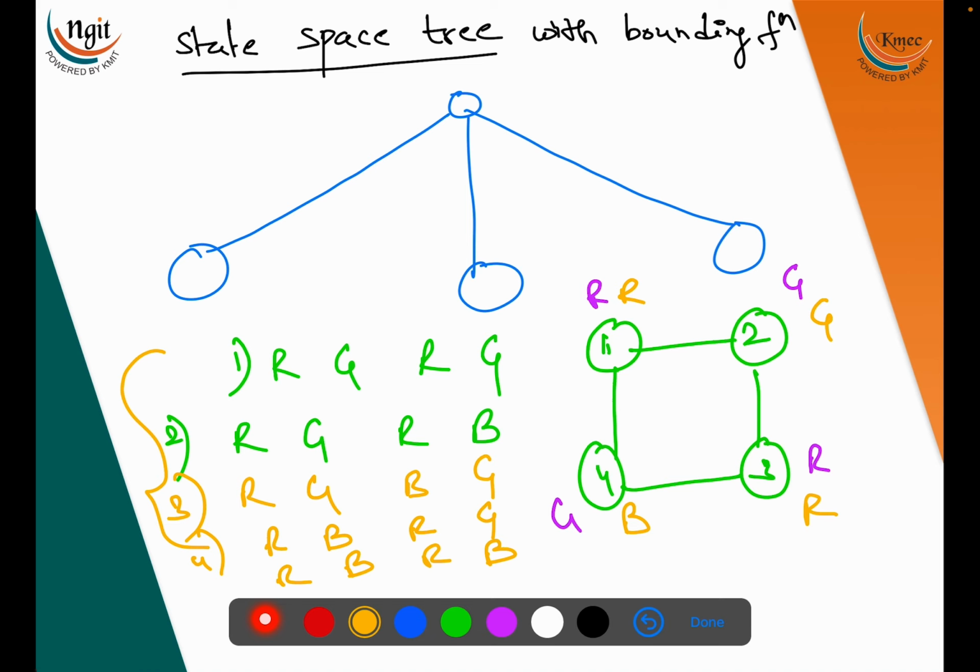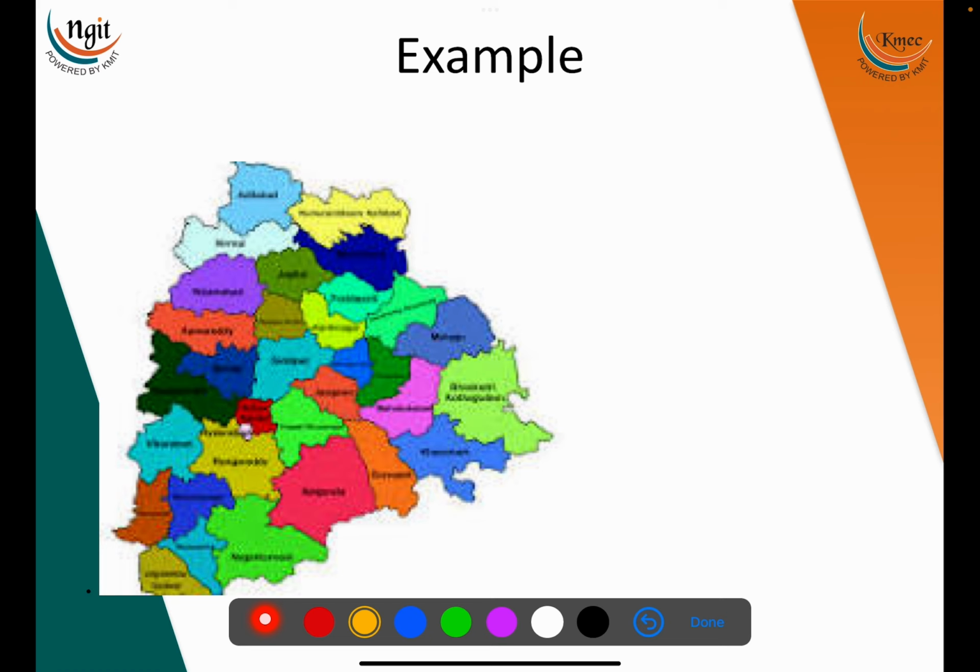Now, you have a question: where is graph coloring useful? Why graph coloring? What are these colors to fill in the vertices? Now, I'll come up with a good example for you all. Let's see, it is a Telangana state map. You can find some colors over here.